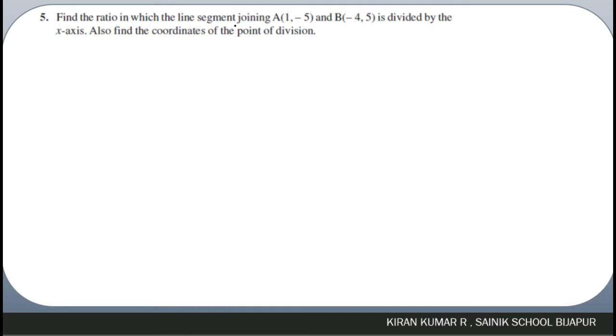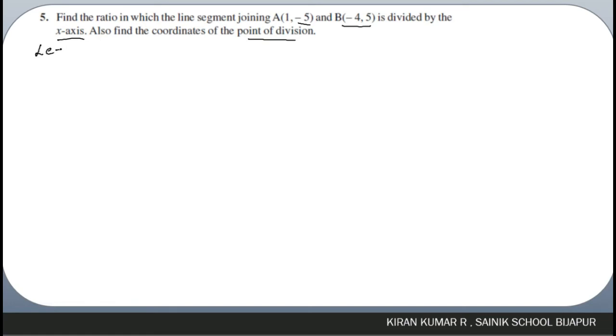Find the ratio in which the line segment joining A 1, -5 and B -4, 5 is divided by the x-axis. Also find the coordinates of the point of division. So here they have not given the ratio and they have just mentioned that it is exactly on the x-axis.